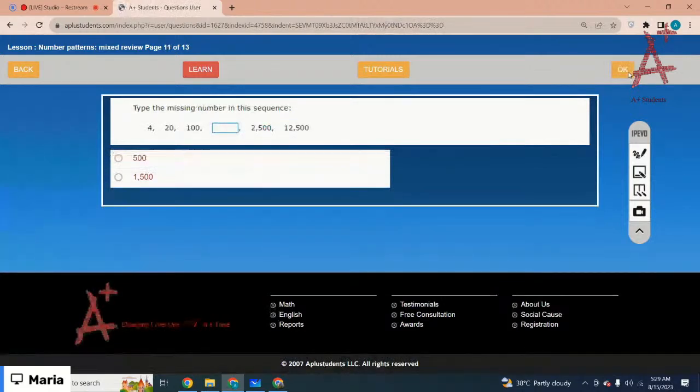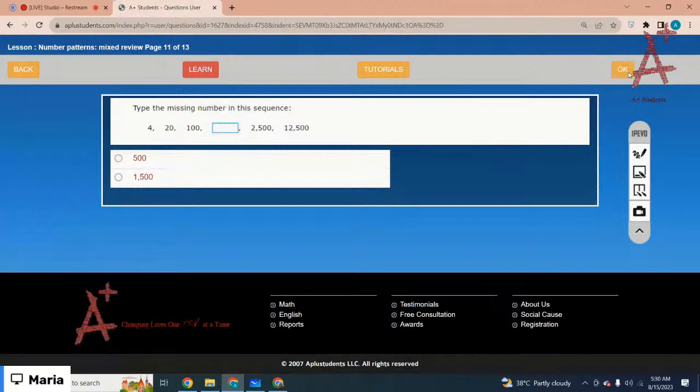Okay, type the missing number in this sequence. That's the one we did in the tutorial. Which is the correct option? What is the pattern? Anyone who knows the pattern? For each next number, you have to multiply the previous one by 5. 4 times 5 is 20. 20 times 5 is 100.